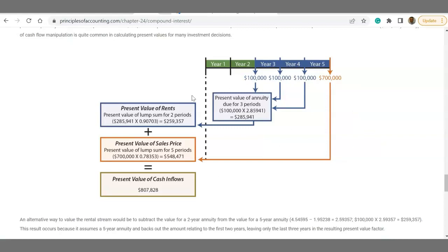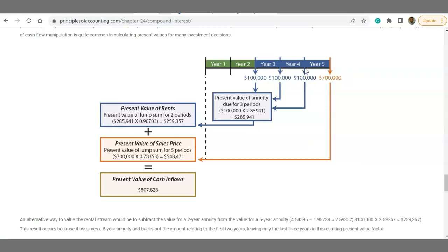You see in this example, this 100,000 comes at the beginning of year 3, beginning of year 4, beginning of year 5.